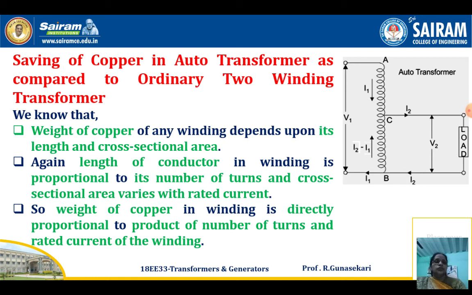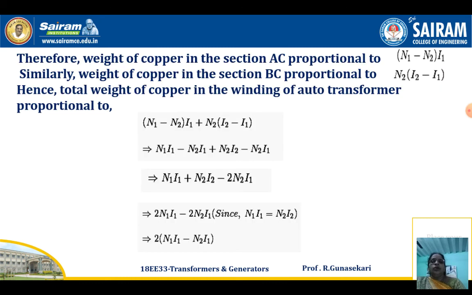Now, with the same circuit diagram, you can derive the equations. The weight of copper in section AC is proportional to AB minus BC. AB is equal to N1 and BC is equal to N2.